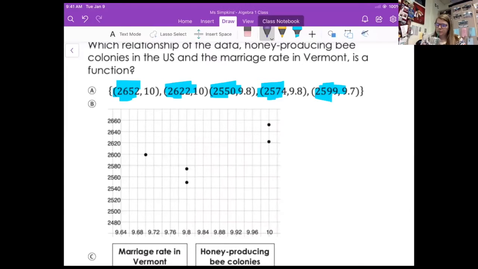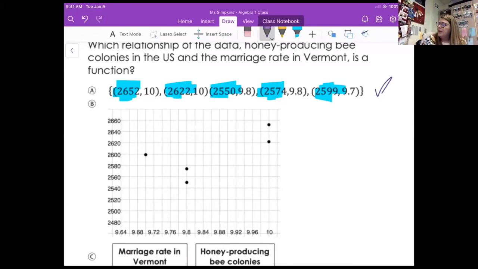Do I care that both the first and the second are paired with 10? No, I don't. I don't care that the third and the fourth are both paired with 9.8. I care that each of those X's is only going with one Y. Each of the X's is all individual. I don't care that they share the same Y. I would care that two Y's share the same X. That's what I care about. So yes, I would consider this a function.